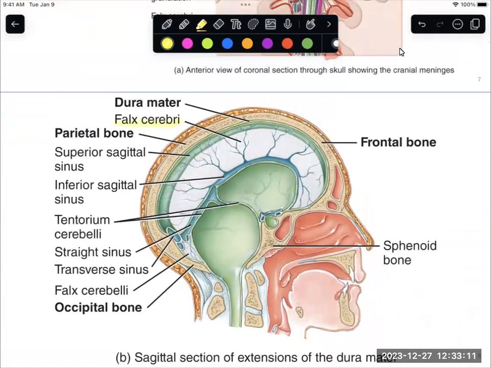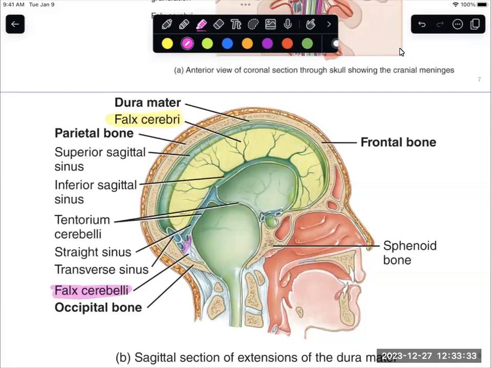This falx cerebri, this entire tissue right here, is found between the right and the left hemispheres of the brain. We have our falx cerebelli.